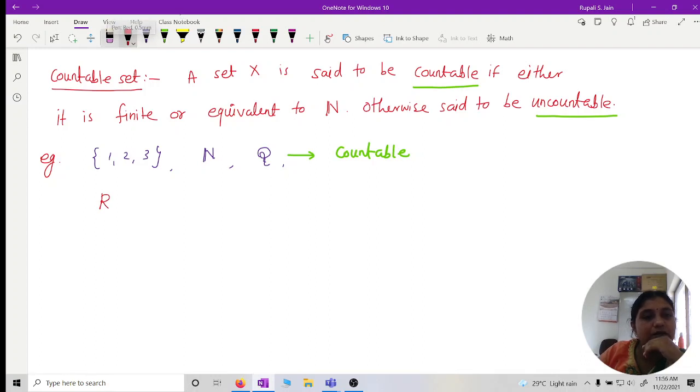What about R? Set of all real numbers, whether it is countable. Are you there, students? Set of real numbers, whether it is countable. No, ma'am.